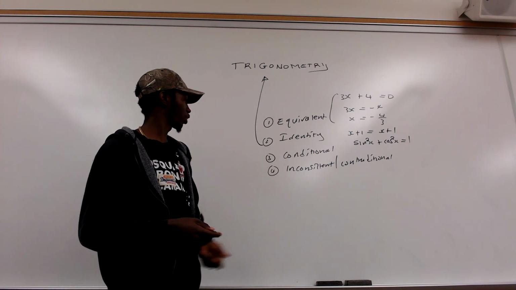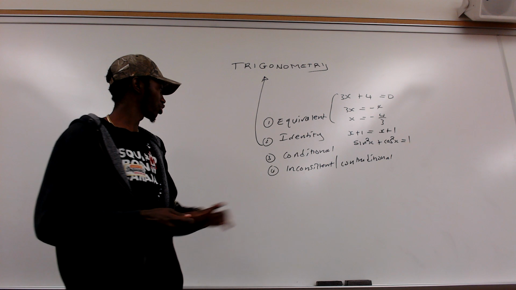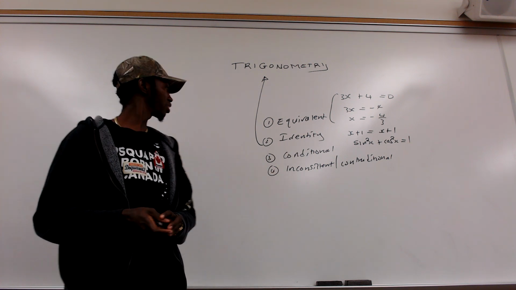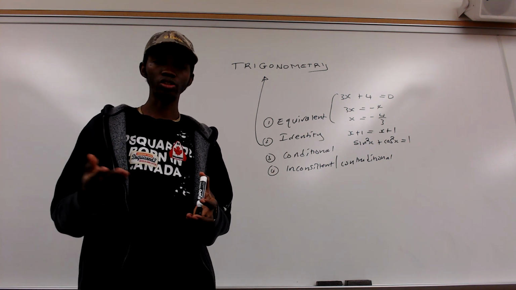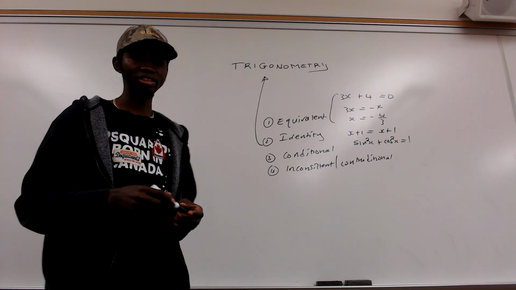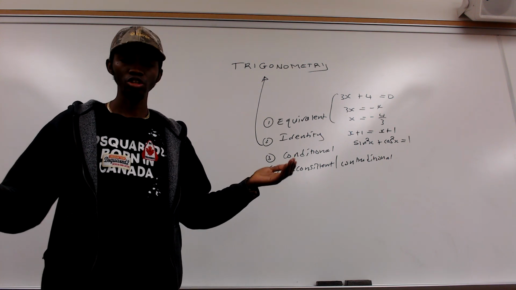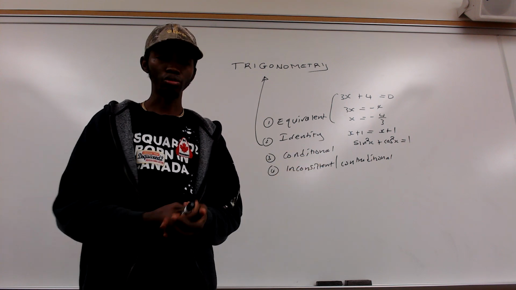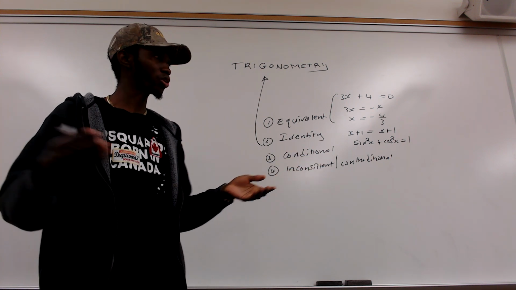The other type of equation we call the conditional equation. A conditional equation is one of the equations widely used in high school and university, because in most of the problems you solve, you might have one unknown, two unknowns, three unknowns or four unknowns.